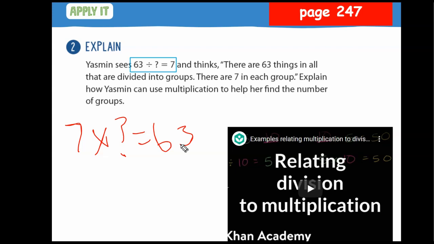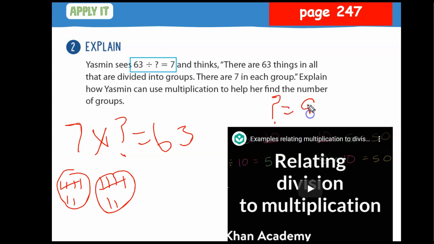So if there's seven in each group, 1, 2, 3, 4, 5, 6, 7, that's one group. 8, 9, 10, 11, 12, 13, 14. And then we keep going until we have 9 groups, right? So the question mark is going to equal 9. So it is going to be 63 divided by 9 equals 7.